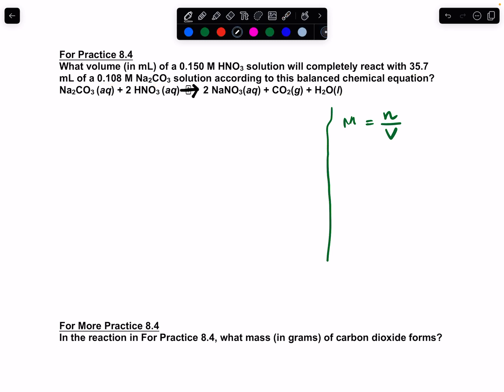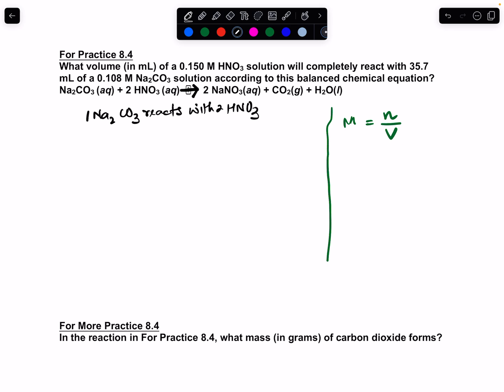All right, so to do this problem, it's important to understand what the relationship is, as per the equation, between Na2CO3 and HNO3. Okay, so if you look at the equation, you can see that 1 Na2CO3 reacts with 2HNO3.